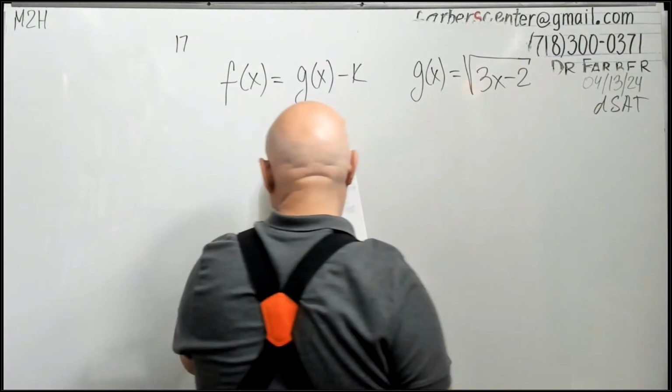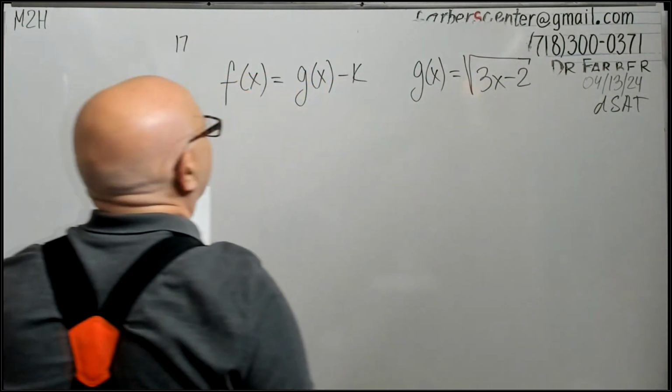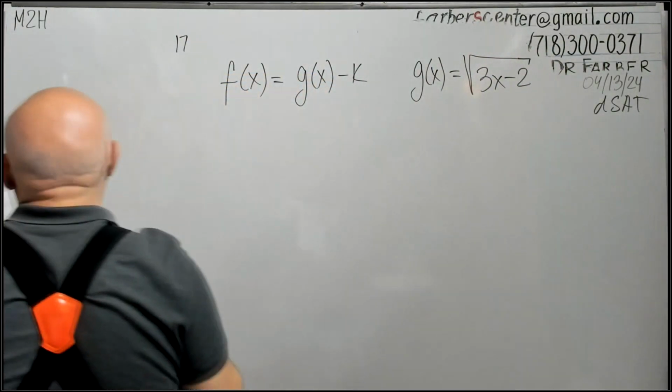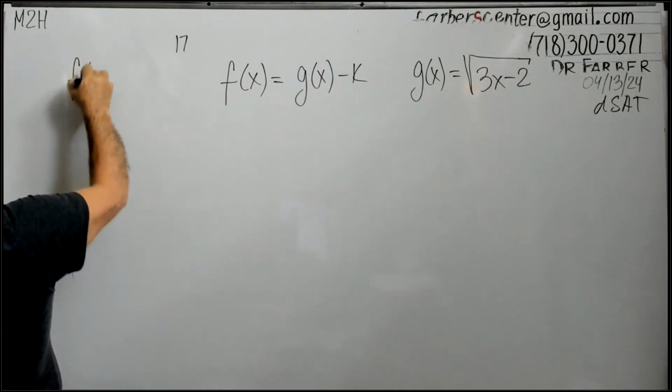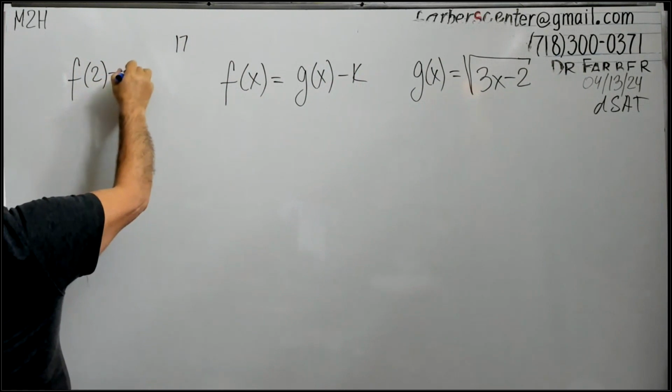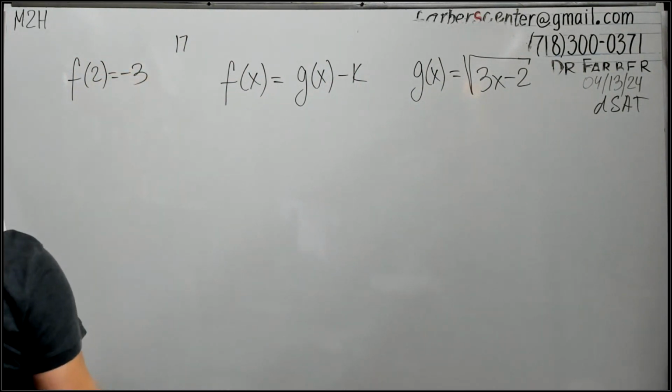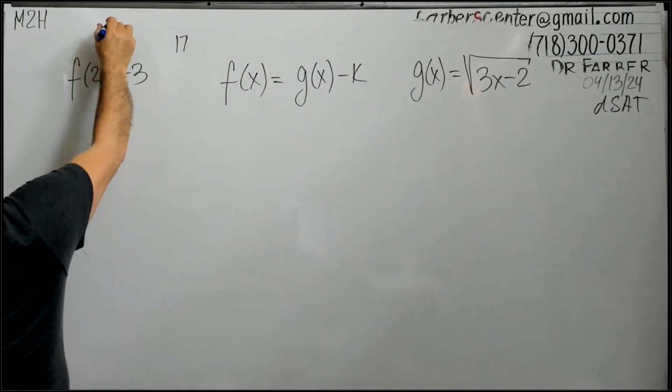In addition, they said that f of 2 equals negative 3. Find k.